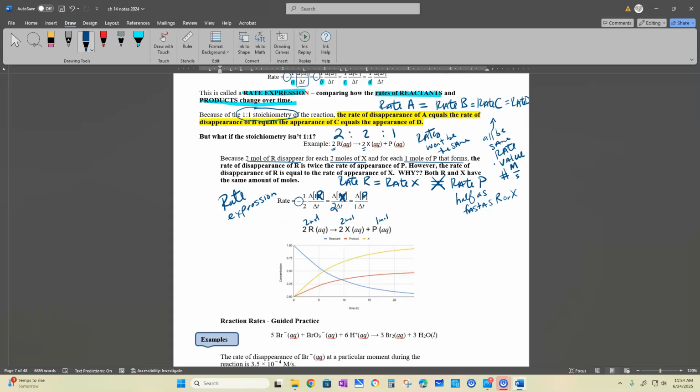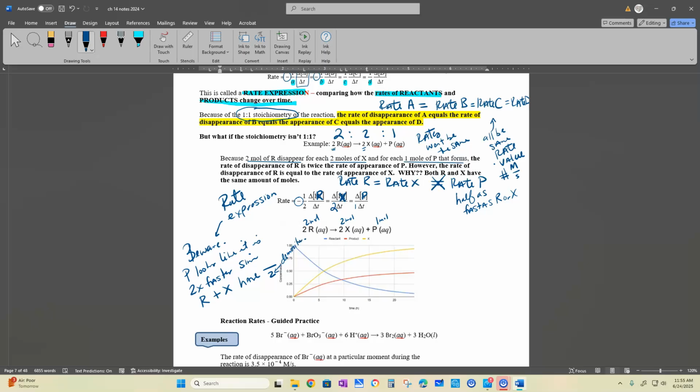It makes it seem like because these values are divided by 2, P is faster, but it's not. So this rate expression, beware. P looks like it is 2 times faster since R and X have a 2 in the denominator.